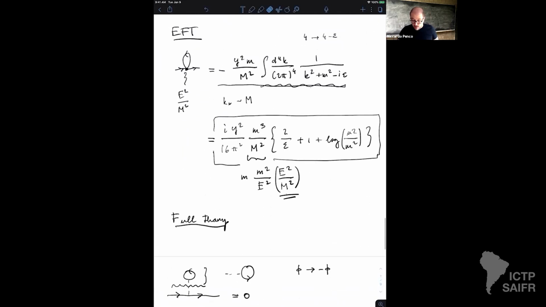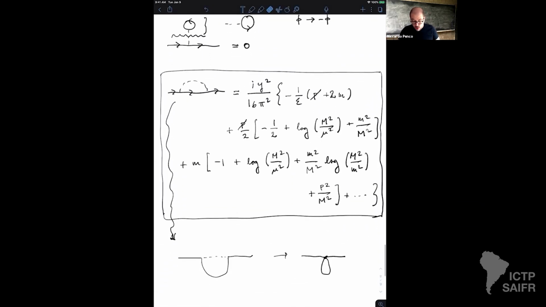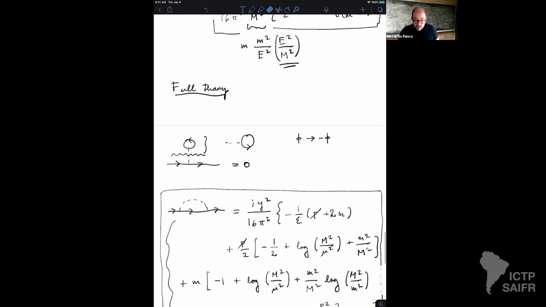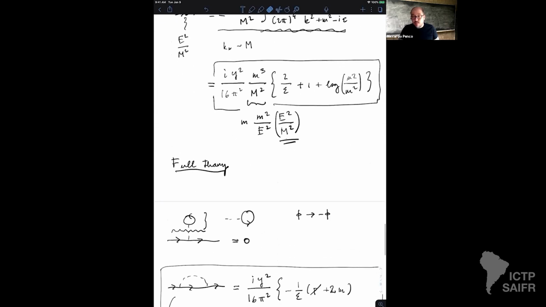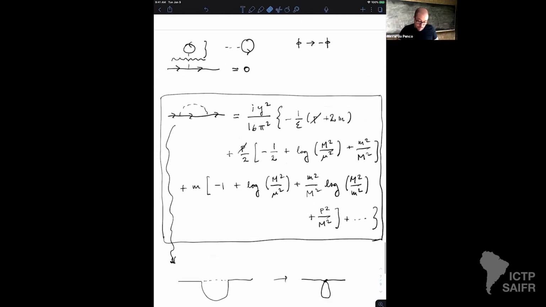And here we don't. We only have little m in the logs. And the reason why we miss those is because if we expand in inverse powers of big M before integrating, that expansion relies on the assumption of analyticity. And so we have already missed all the possible non-analytic terms in big M. Okay.